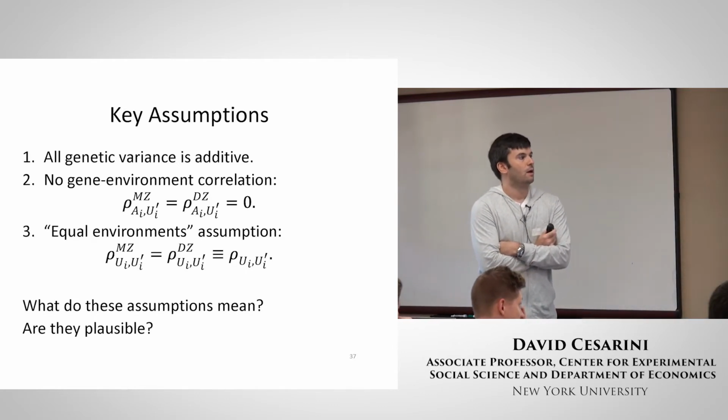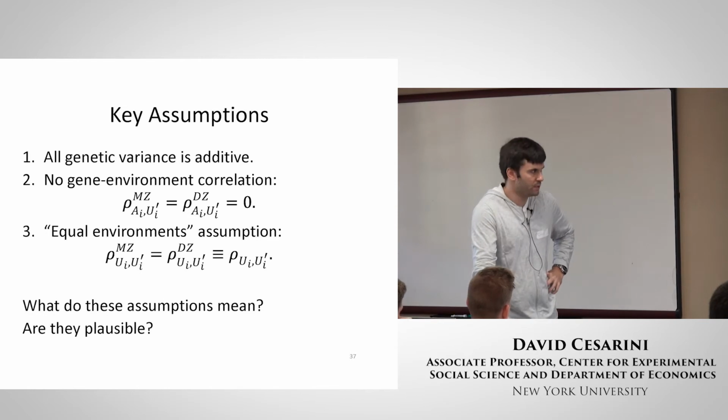It's usually the example of BMI again. You observe in a twin study that MZ twins have more similar BMIs than dizygotic twins.